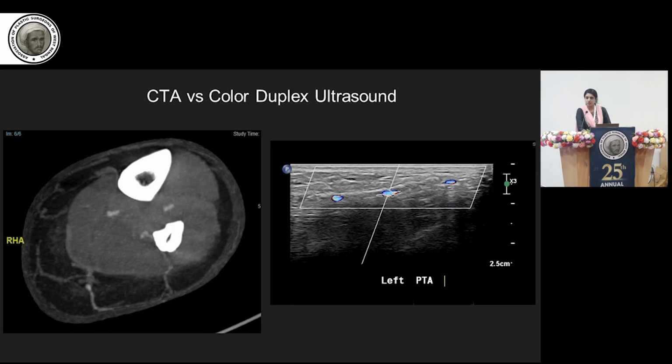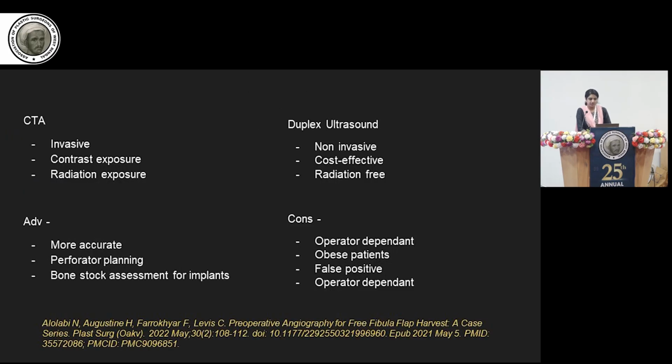This has led to certain compromises: we've had to compromise the vessel length, or the bone stock that we have taken, or we've had to take a vein graft and revascularize the limb. These can be mitigated by a preoperative radiological evaluation.